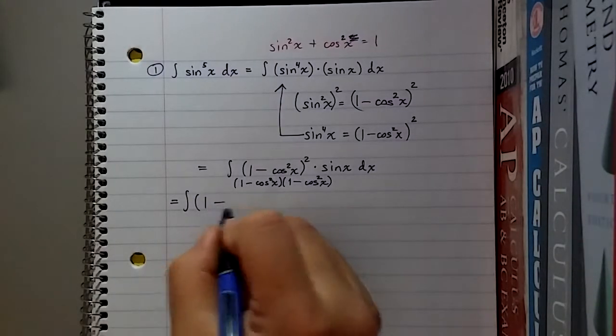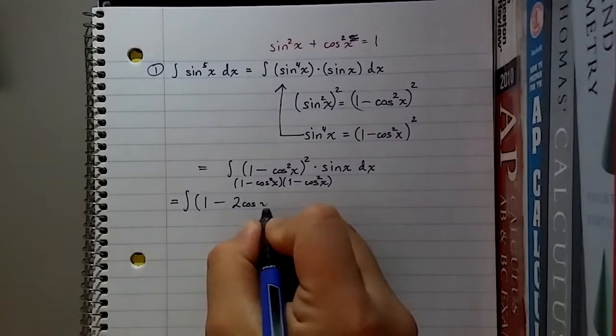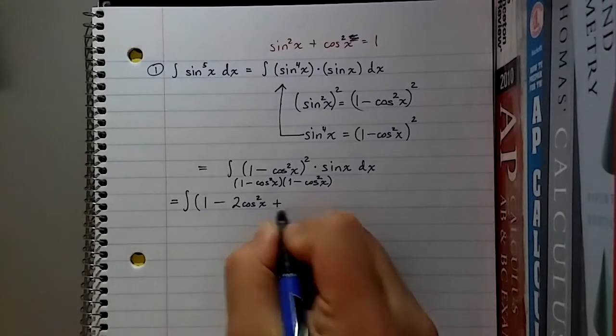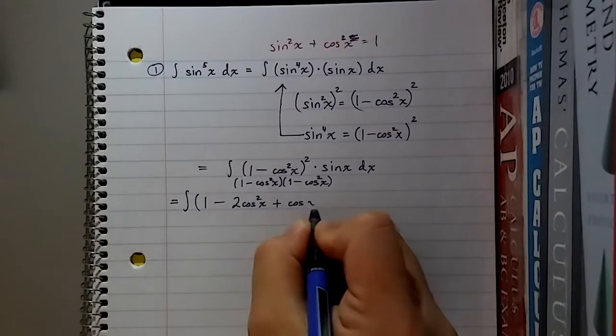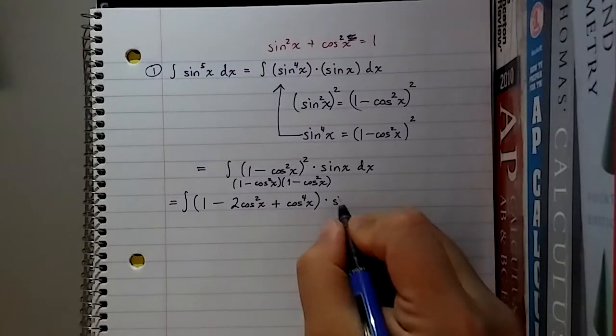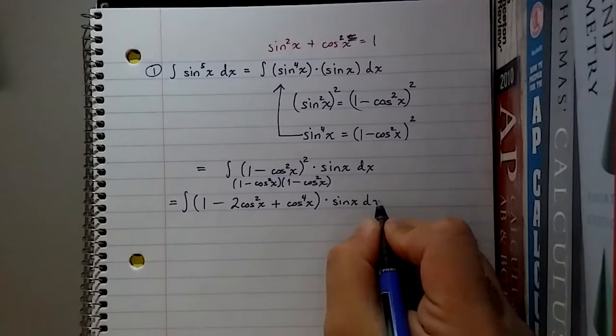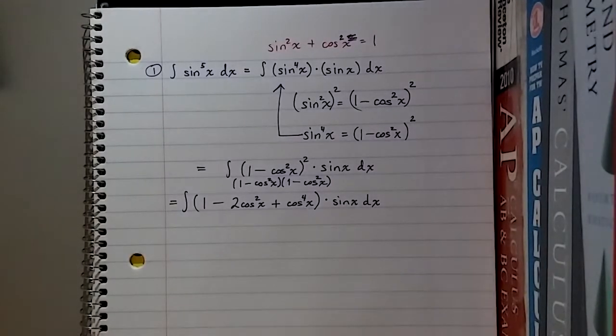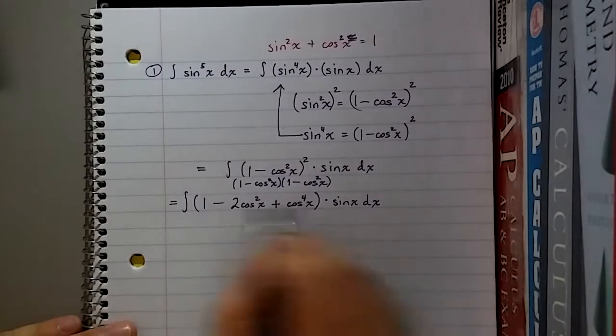So if I FOIL, I get 1 minus 2 cosine x squared plus cosine x to the fourth times sine x dx. Then you distribute the sine.